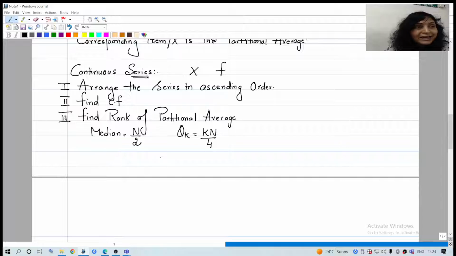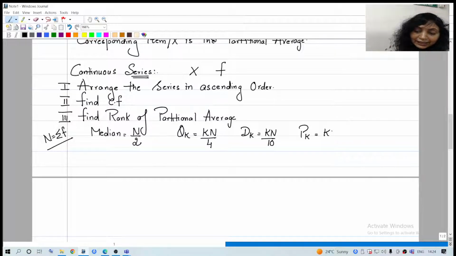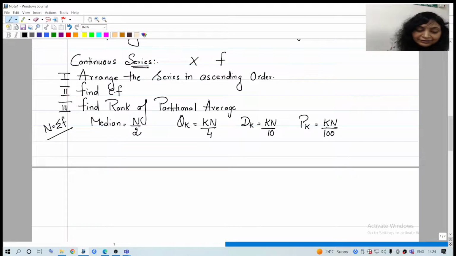Means whatever we were adding plus 1, now in case of continuous series we don't need to mention plus 1, we simply say n, and n is equal to sum of frequency. So for median it's n by 2, for quartile it's kn by 4, for decile it's kn by 10, and for percentile it's kn by 100. So this is how we can find out the rank of partitional average.